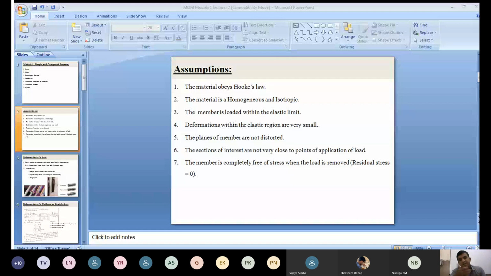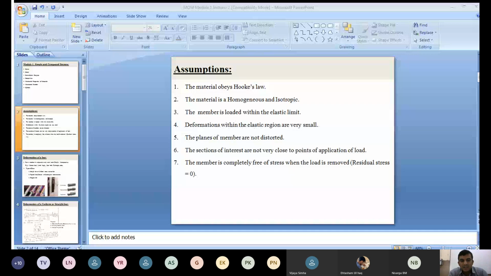We will consider away from the loading point. That is the sixth assumption: the sections of interest are not very close to points of application of load. You are applying load here, but we will not pass the arbitrary cutting plane here. We go far away from there, then go for the arbitrary cutting plane. Then you see what the stresses induced at that point are.